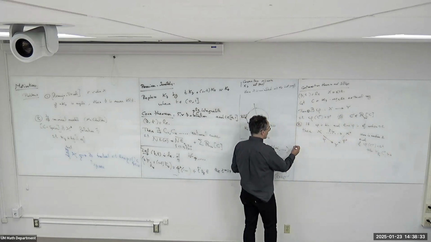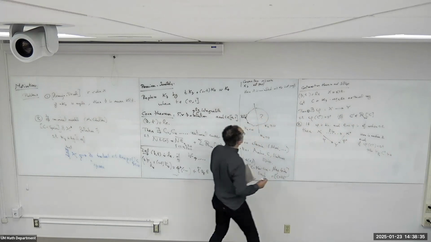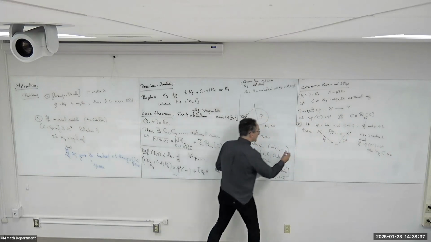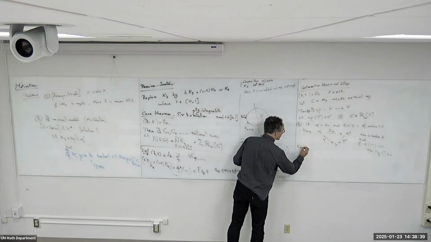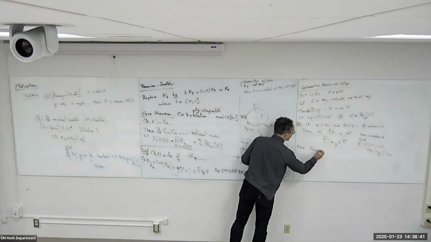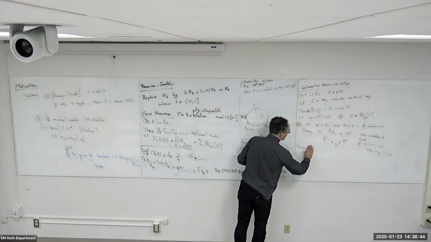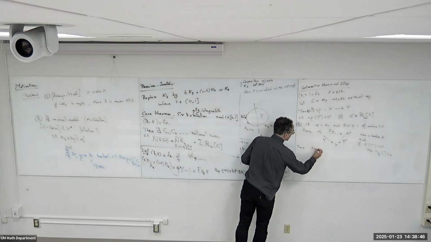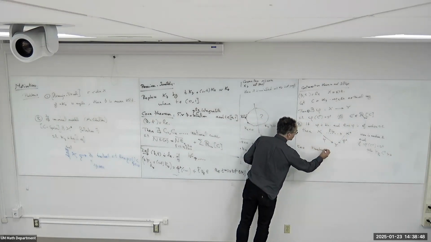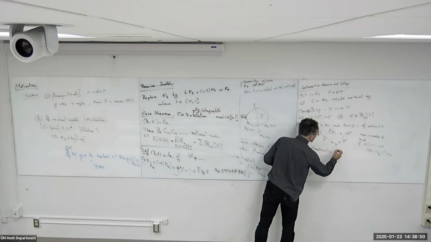Okay, so what do we know about this? Well, we know everything. For t equal to 0, this is due to Kawamata and Shokurov, who proved the base point free theorem a long time ago.